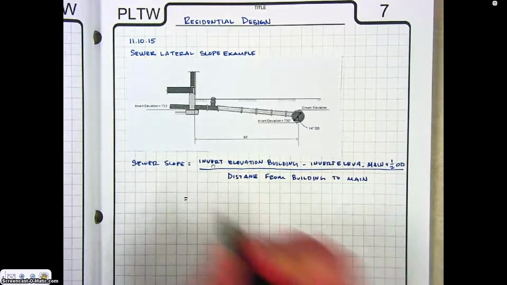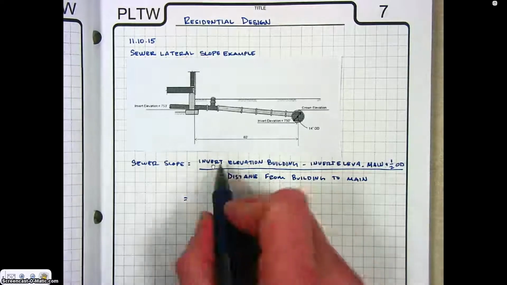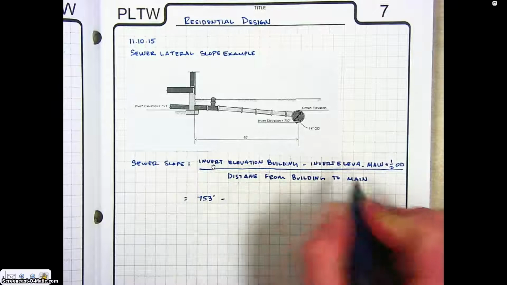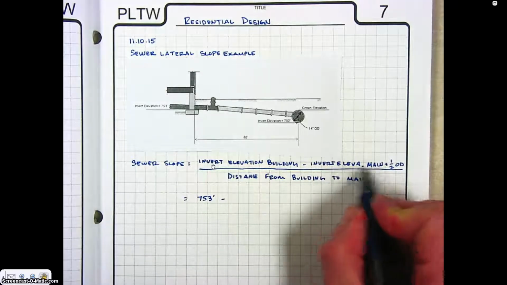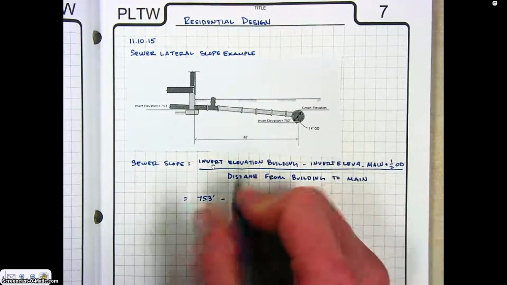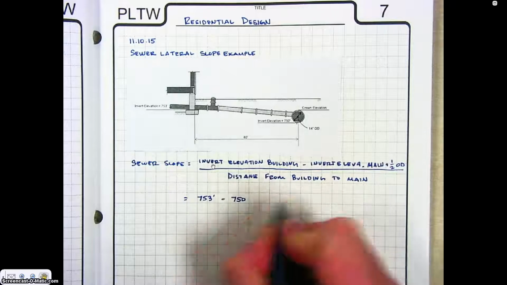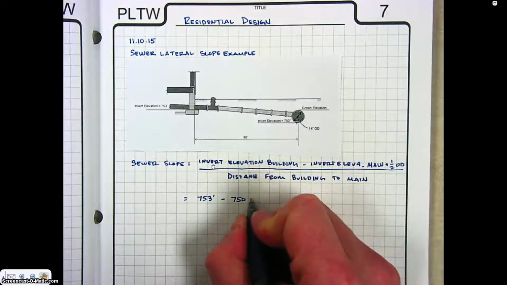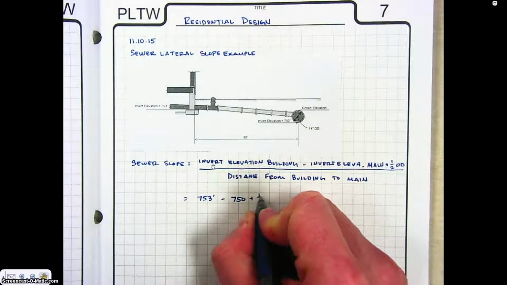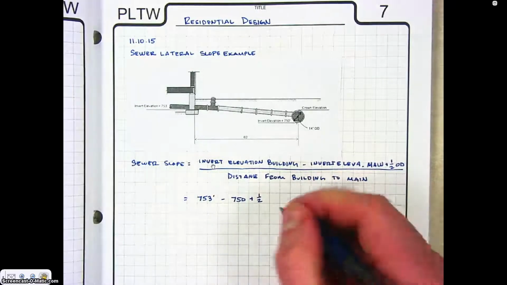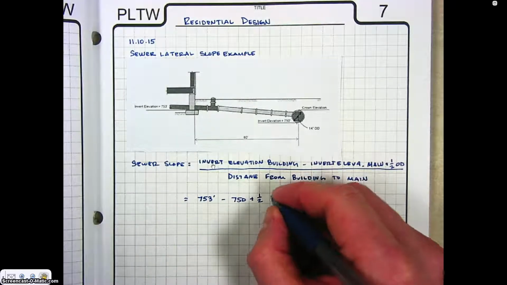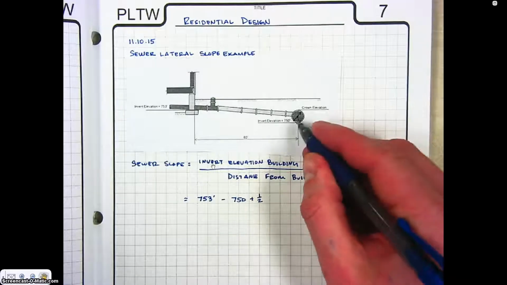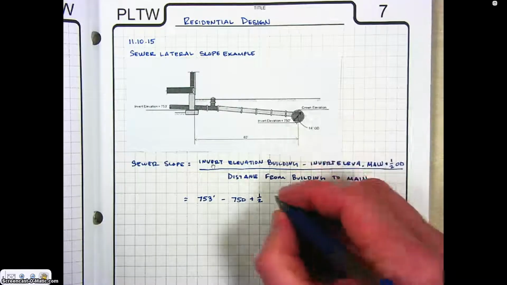Now we'll go ahead and substitute. The invert elevation of the building is 753 feet. We're going to subtract the invert elevation of the main, which was 750 feet. And then we're going to add 1/2 of 14 inches, because the diameter of our pipe is 14 inches, to get to the middle of that.